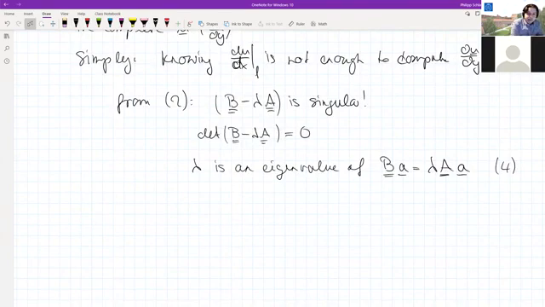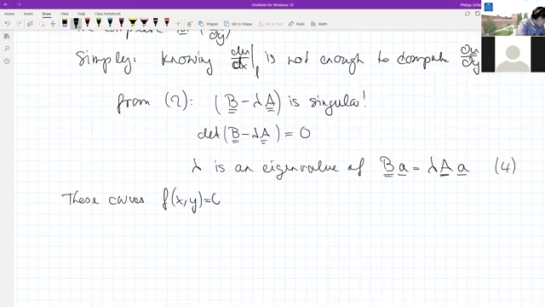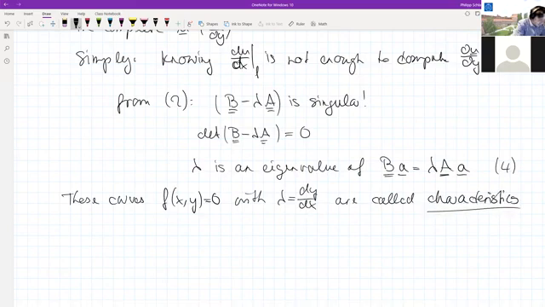Now we have a way of calculating these very special curves based on the matrices A and B. Essentially, we just need to solve an eigenvalue problem. It turns out that these curves have a specific name. These curves, with lambda being dy over dx, are called the characteristics of the original system 1.